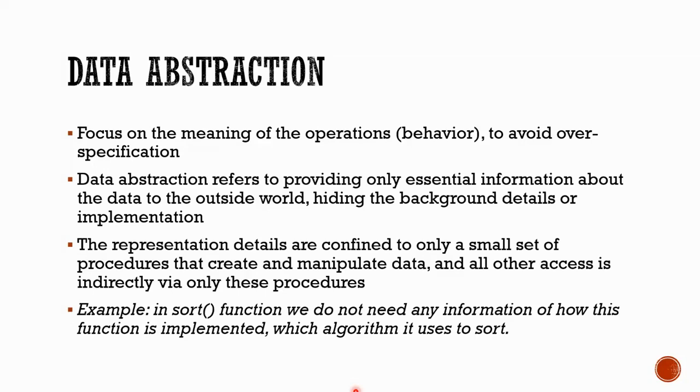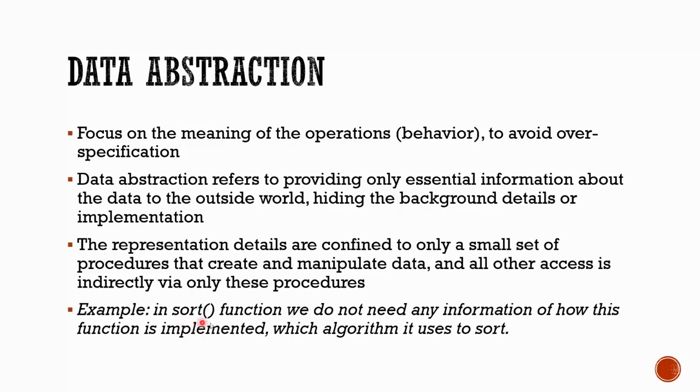Data abstraction teaches us how to hide those unnecessary details from the outside world, leaving only essential information about the data. The representation details are confined to only a small set of procedures that create and manipulate data, and all other access is indirectly via only these procedures.